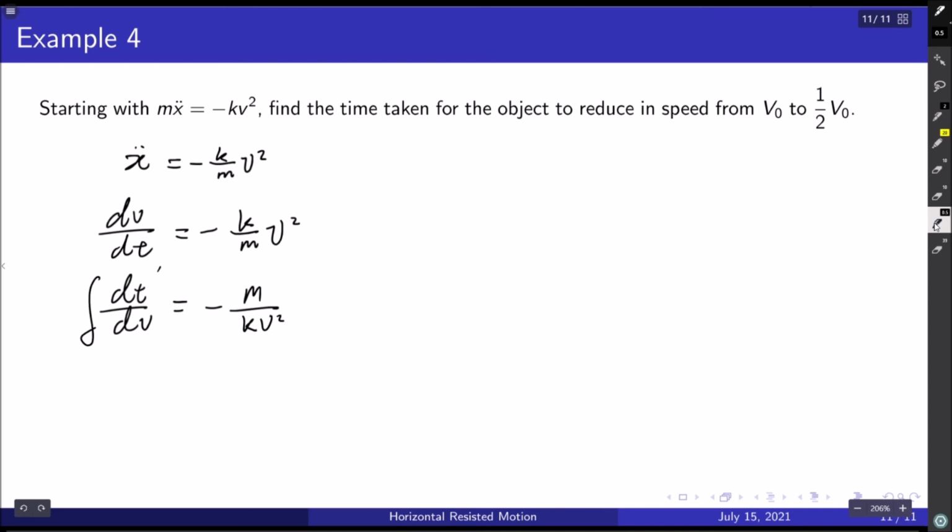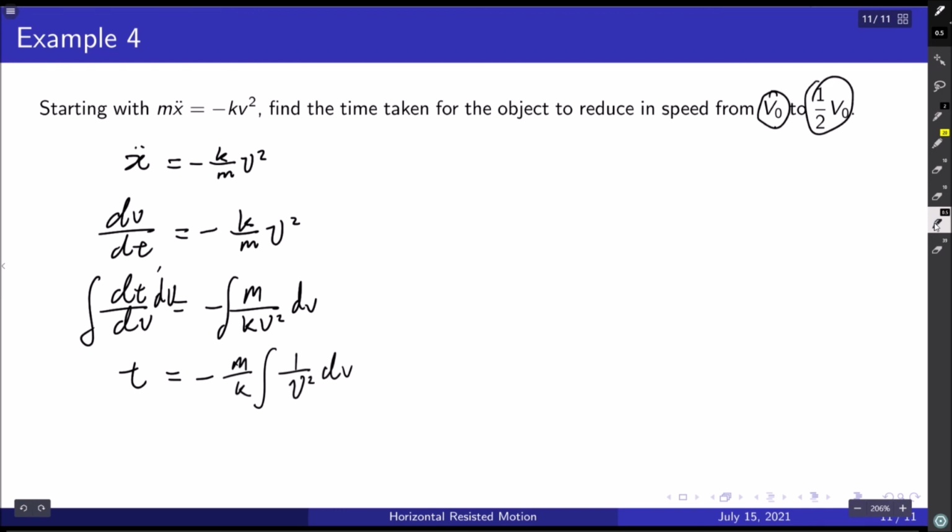So we integrate this with dv. We integrate this with dv as well. So we end up with t equals, actually we can just say m over k, 1 over v squared dv. The thing is, we are integrating a function of v from one bound to the other.